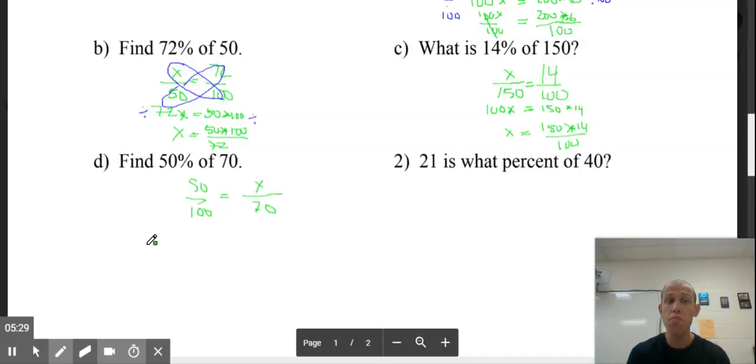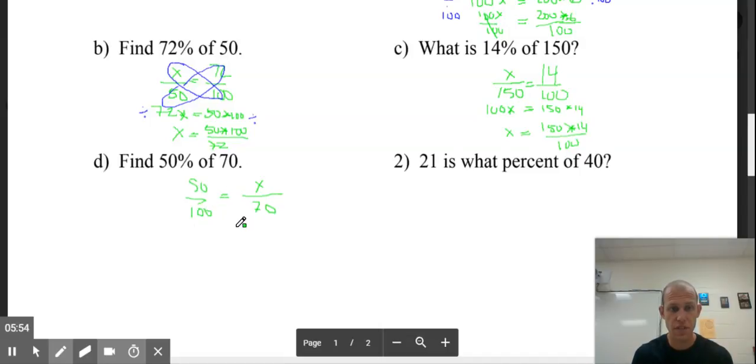Now, I want to stop you right here. Don't ever think that you have to use one of these methods. You can just think about the problem and get an answer out. This is a perfect example. 50% of 70. That's just half. Half of 70 would be 35. So I should be expecting that answer out when I do this method.